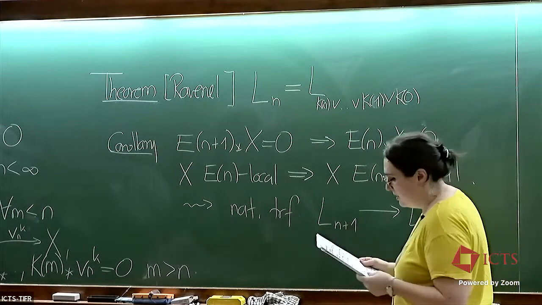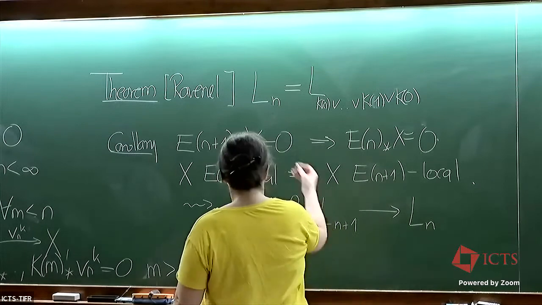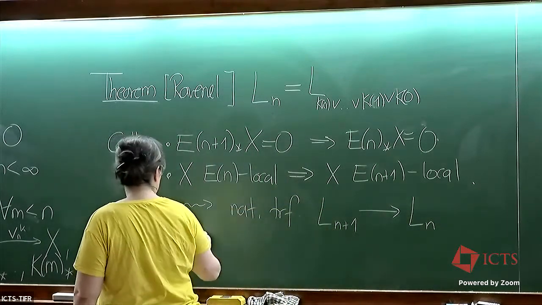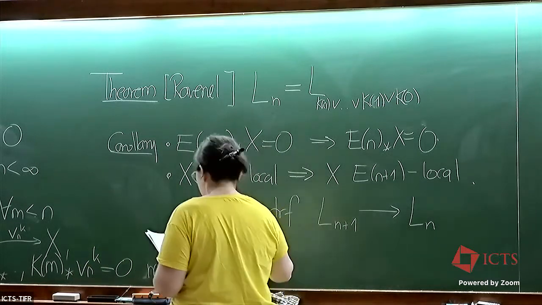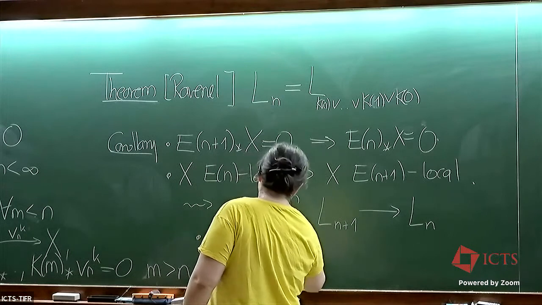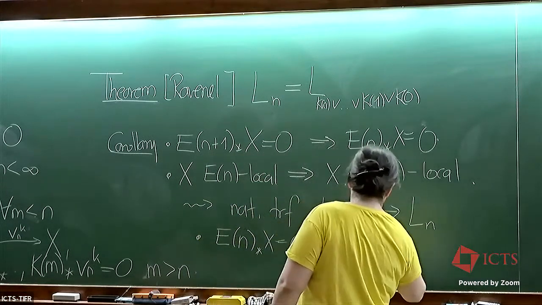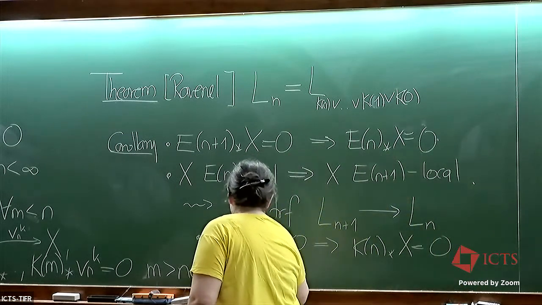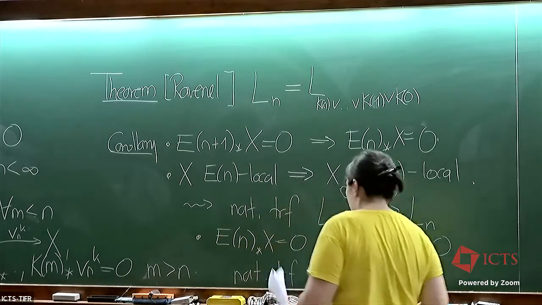Fine. And you also have, well, you can write down something similar. If X is En acyclic, it is also Kn acyclic. And you have a natural transformation from Ln to LKn.